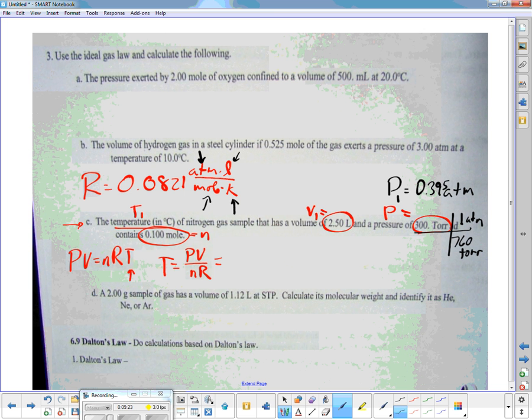Everything is in the unit it needs to be in. So 0.395 atmospheres times the volume, which is 2.50 liters, divided by the moles, 0.100 mole, times the constant.